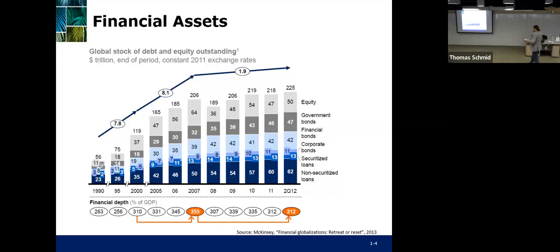Okay? What people often overlooked when they talked about this growth of financial assets, and everything becoming financialized, and the finance industry basically taking over the world, which was kind of the subtext you often felt, is that the growth of financial assets was actually fueled by the growth of real assets. Because economies in this 20-year period were growing so much, it was only natural for financial assets to grow as well.